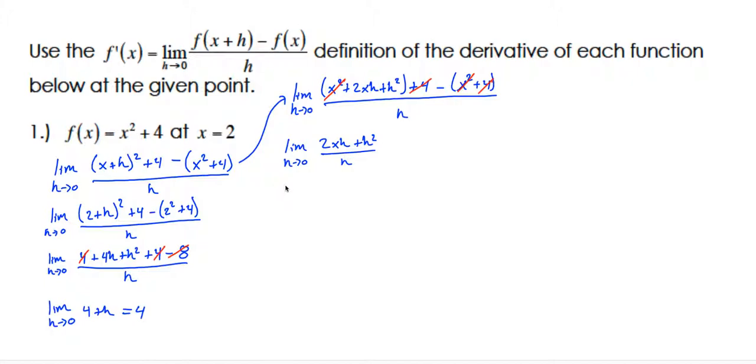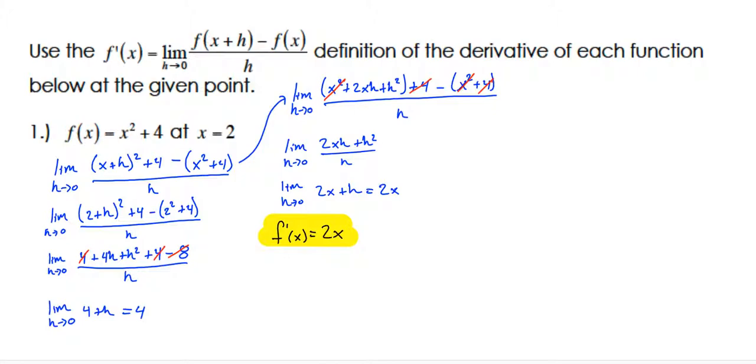And if we divide out the h, we get the limit as h goes to 0 of 2x plus h. And so now we know that that is equal to 2x. So what we can say now is that f prime of x is equal to 2x. This here is the derivative of f of x.